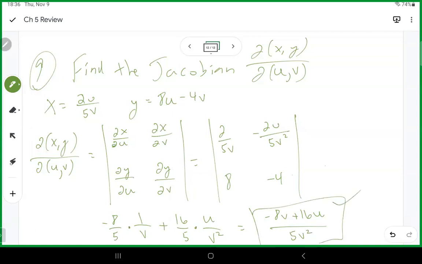And that is the answer that they want in the box. You can use the little dot for multiplication if you want. I mean, that's how they have it, but I wouldn't see why you would need it that way.